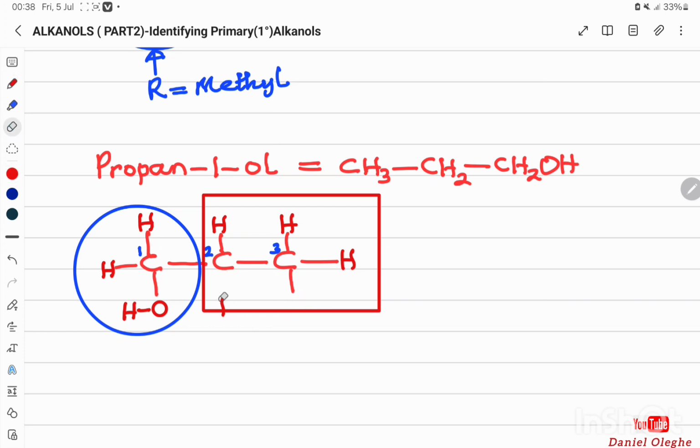In propan-1-ol, this alkyl group is ethyl, that is CH2CH3, and that is an ethyl. So if they ask you to name the alkyl group that is attached to the hydroxy-carbon in propan-1-ol, it is ethyl. So this is a primary alkanol.